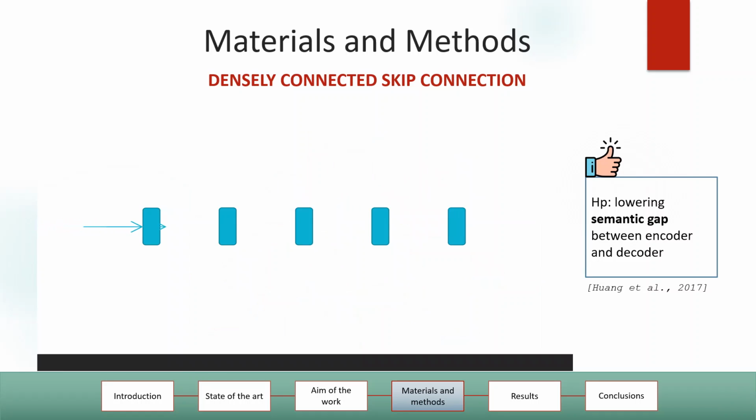Inspired by Wang et al., instead of a simple concatenation along the skip connection of UNet, dense blocks are added in order to lower the semantic gap between the encoding and decoding paths. Each layer in a dense block receives feature maps from all the preceding layers, and in this way, fewer parameters have to be learned.